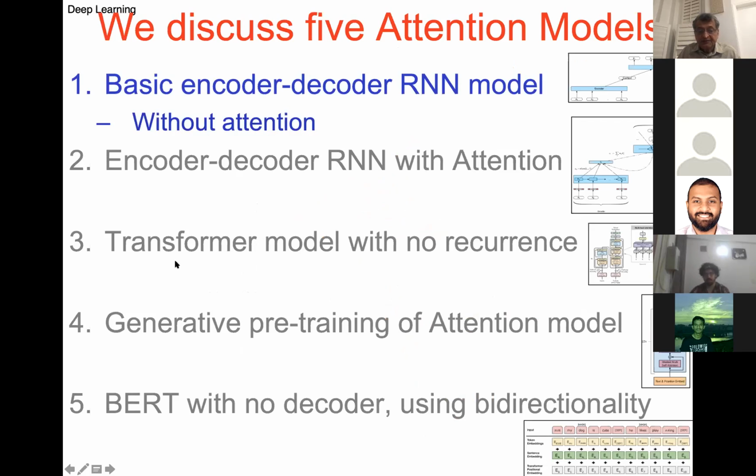And then we look at a variant called a transformer model with no recurrence. And generative pre-training of attention model. And this is a Google system that has revolutionized things called BERT, a bidirectional encoder, right? With transformer, right? With no decoder using bidirectionality.